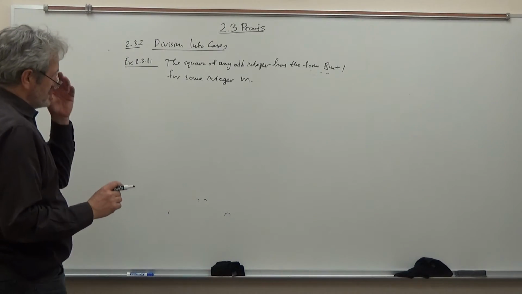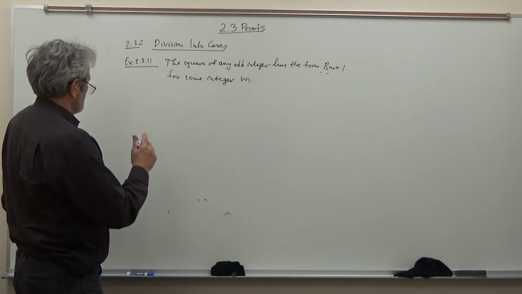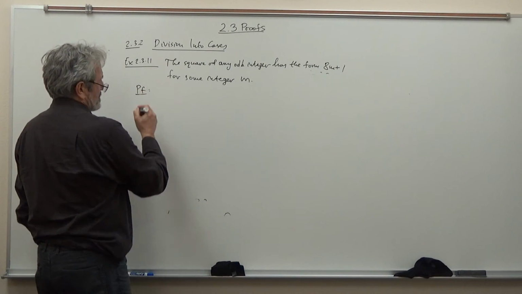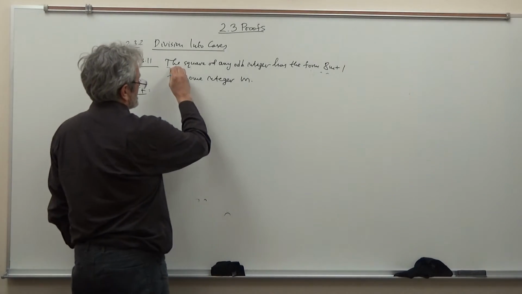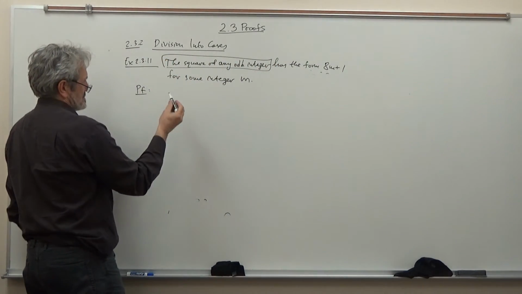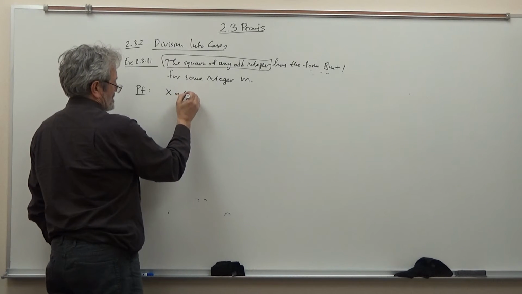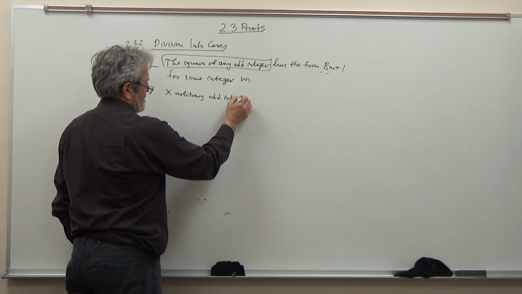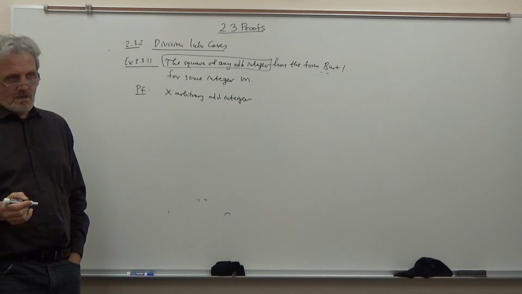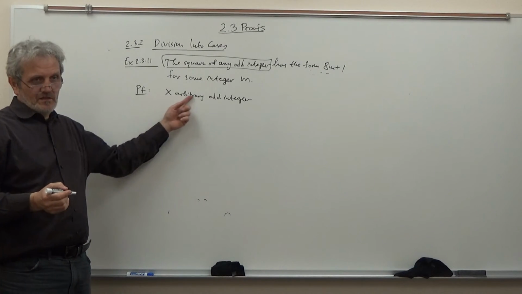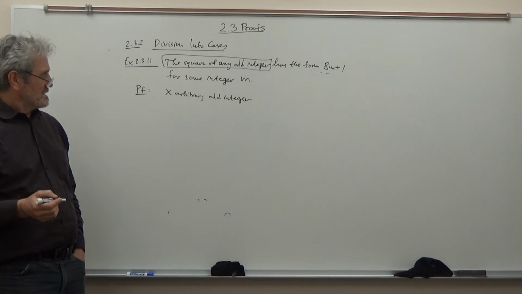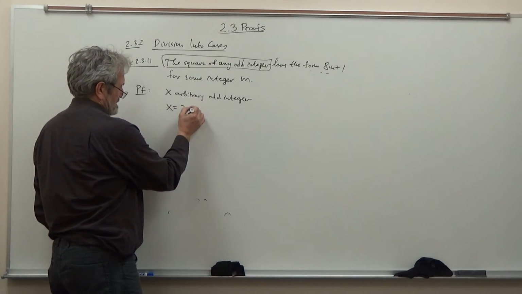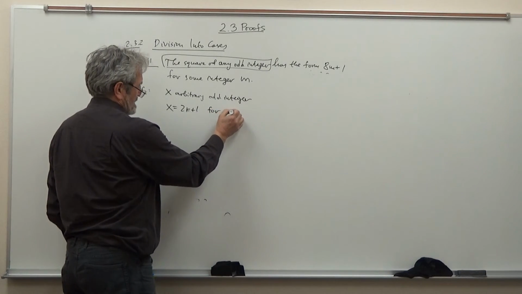I'll go a little faster here, generally without all these additional writings. But the proof goes the same way. So it says the square of any odd integer. So x, arbitrary odd integer. Now I want this verbal object to transfer into an equation. And that is x equals 2k plus 1 for some k in Z.